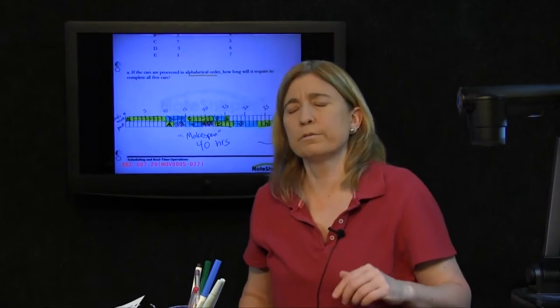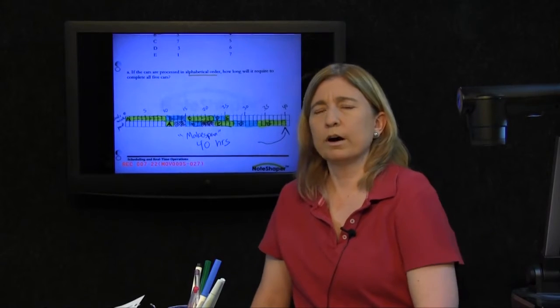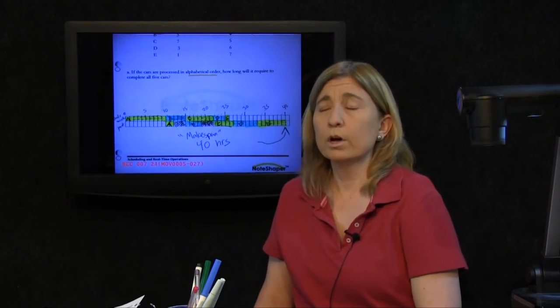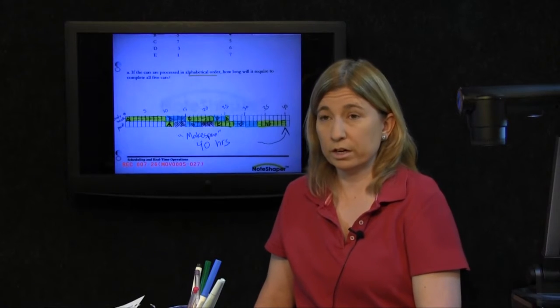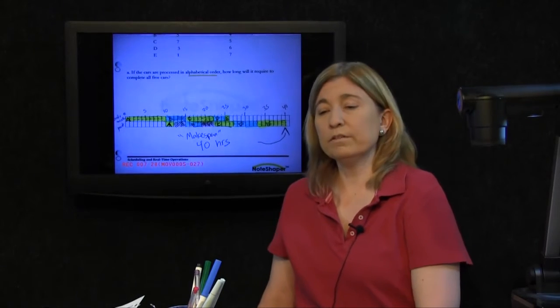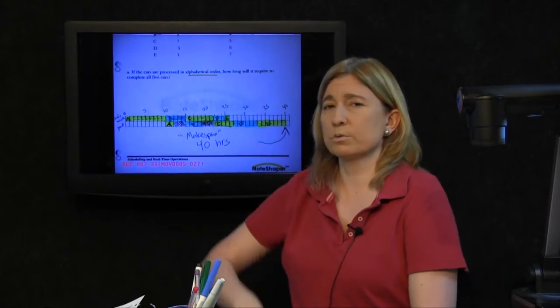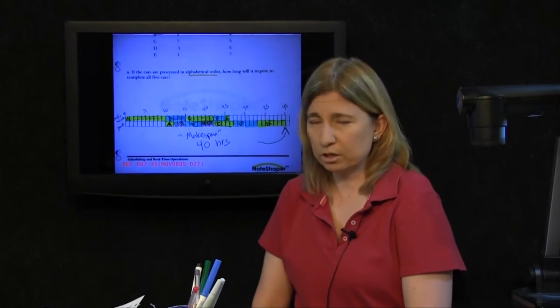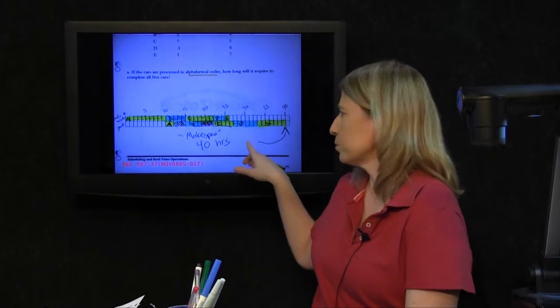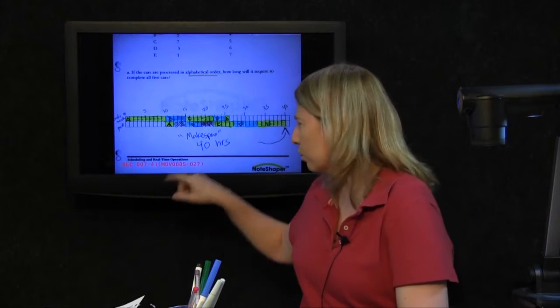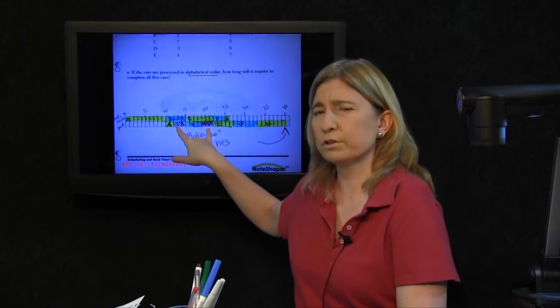It will take them 40 hours of operating time to work through the 5 cars if they are done in that sequence. If you attempted this problem on your own and you tackled it this way by drawing a Gantt chart and you were putting them in alphabetical order but you had problems, that's why you're watching the video, you couldn't get the 40 hours, chances are the problem has something to do with the forced idle time.